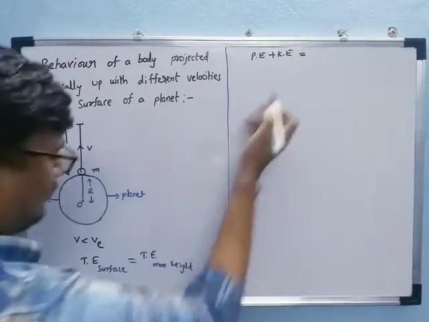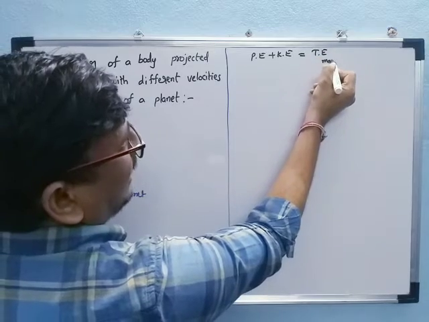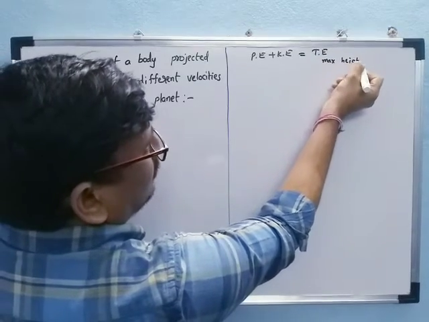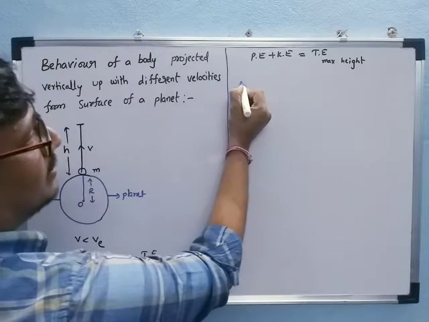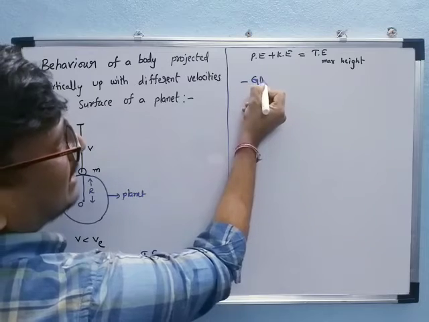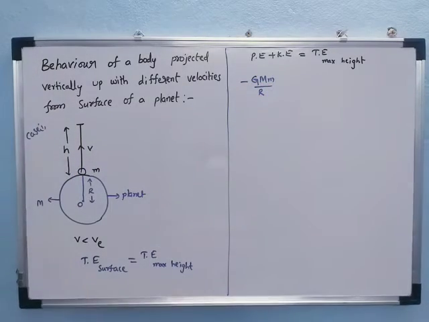The gravitational potential energy formula is minus G capital M small m by R.